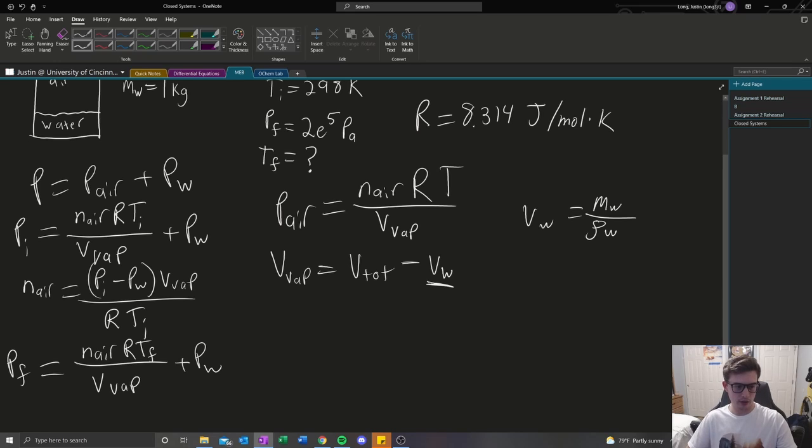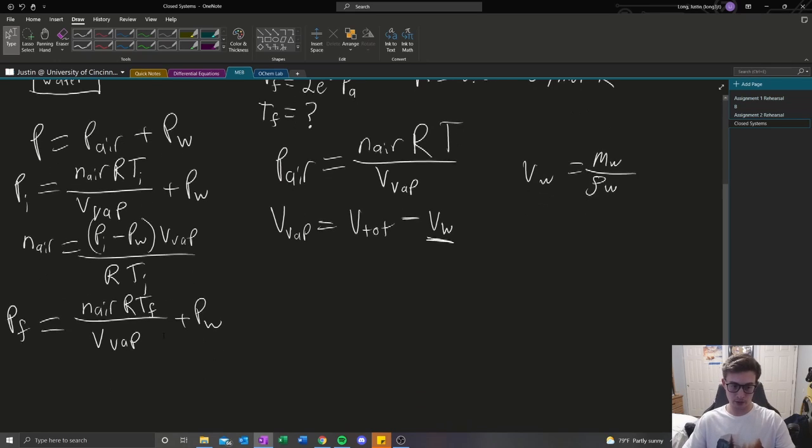And so now we know everything in this equation except for the final temperature. And because we're going to be using a root solver in Python, we're going to go ahead and set this equal to 0 and then just subtract the final pressure. So we end up with an expression that looks like this.